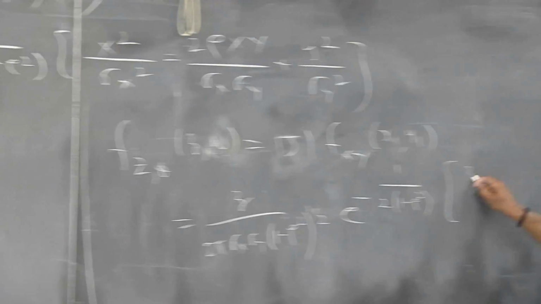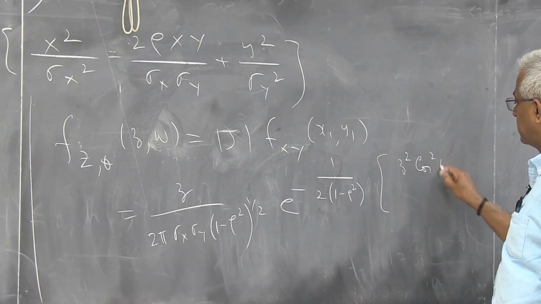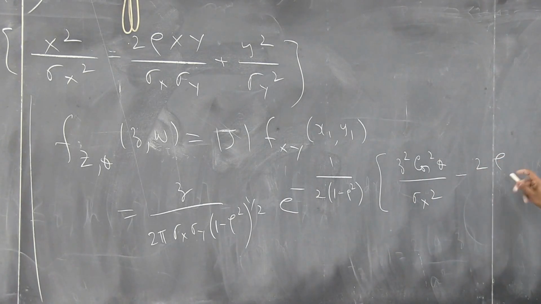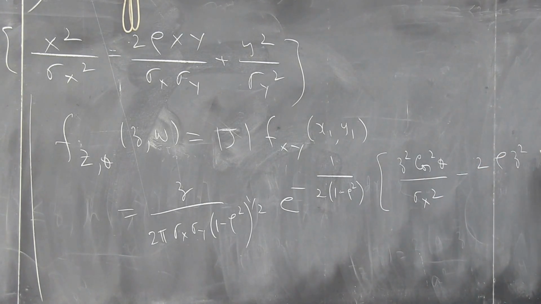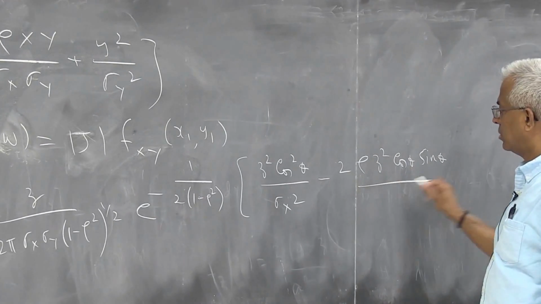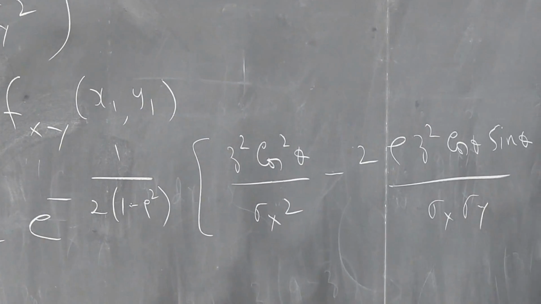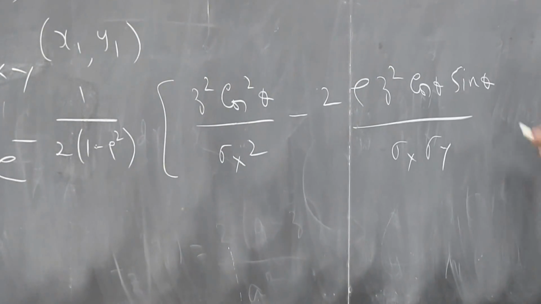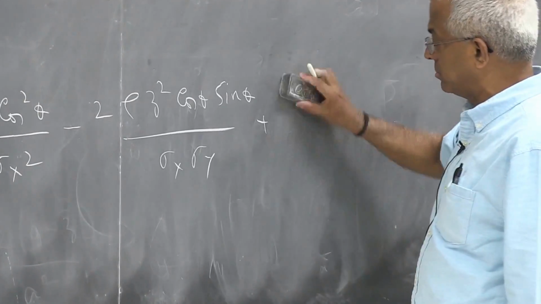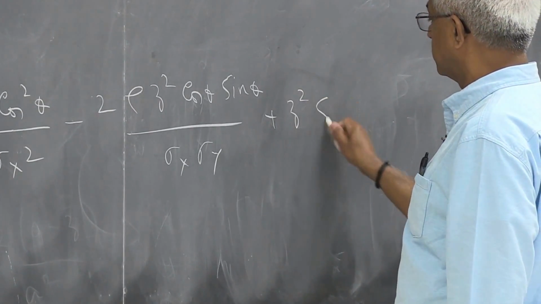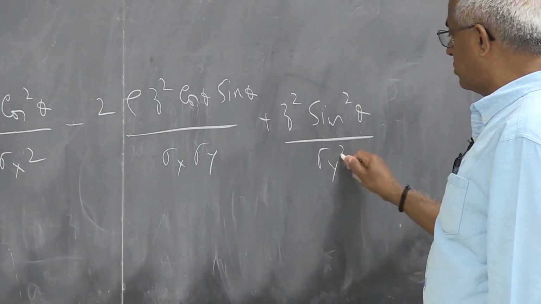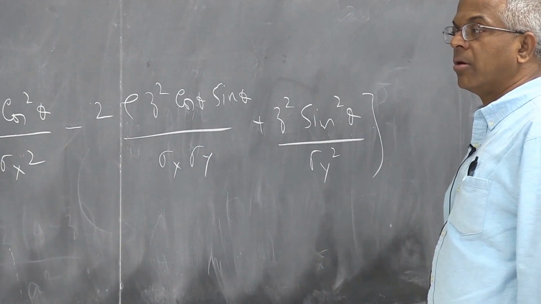So this is z squared cos squared theta over sigma x squared, minus 2 rho z squared cos theta sin theta, because xy over sigma x sigma y, plus z squared sin squared theta over sigma y squared.